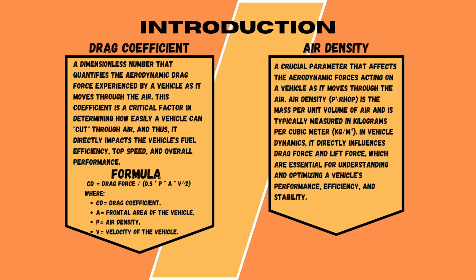Air density is a crucial parameter that affects the aerodynamic force acting on a vehicle as it moves through the air. Air density, or rho, is mass per unit volume of air and is typically measured in kilograms per cubic meter, which is kg per meter cubed.